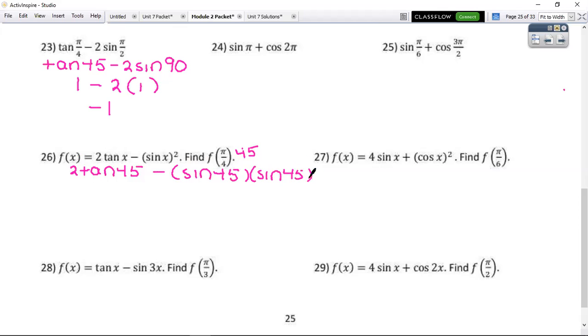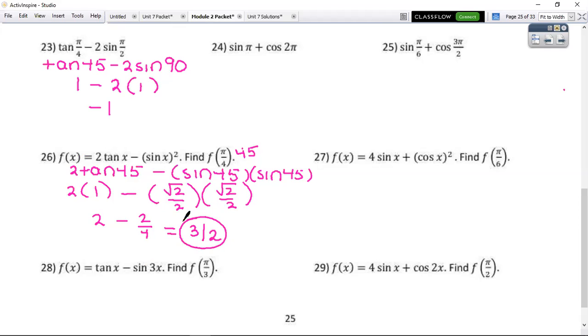Okay, so I have 2 times 1 minus sine of 45 is radical 2 over 2. Radical 2 over 2. So I have 2 minus 2 fourths. So isn't that really just 2 minus a half, which is equal to 3 halves? Yep, very good. And we'll just do one more because they all work the same.